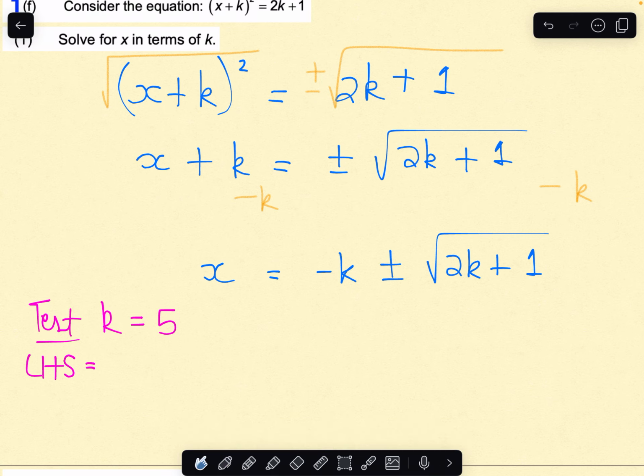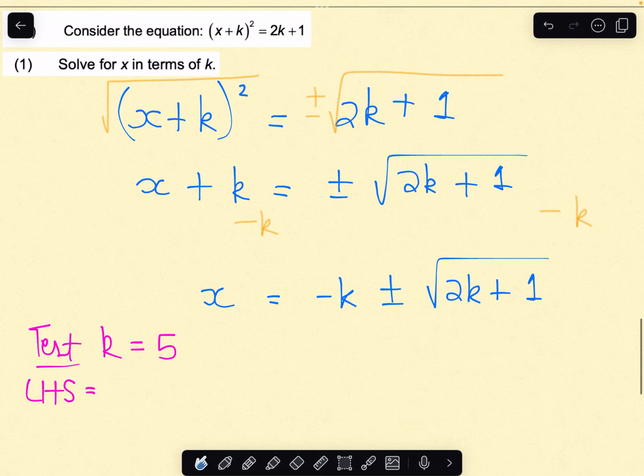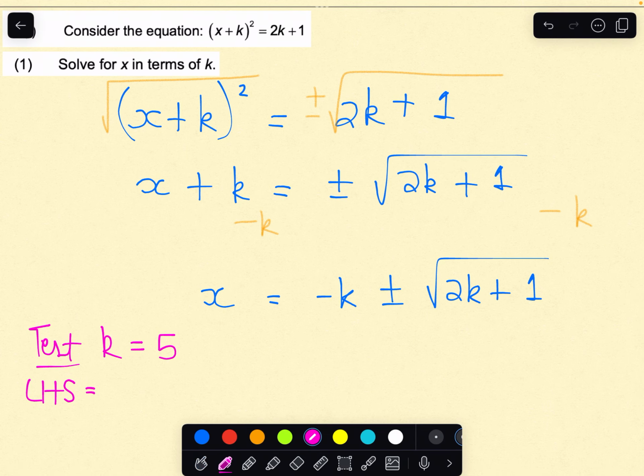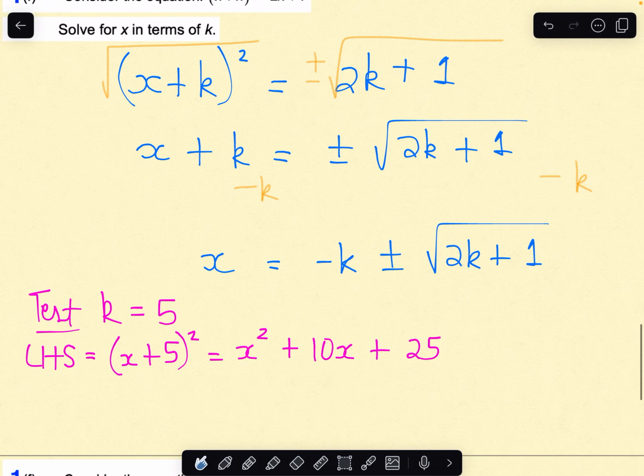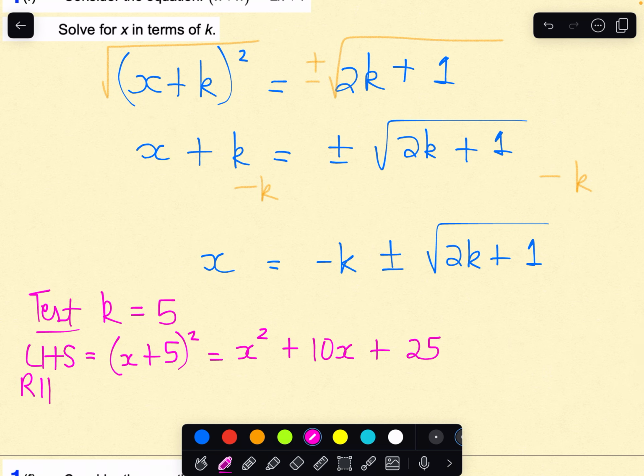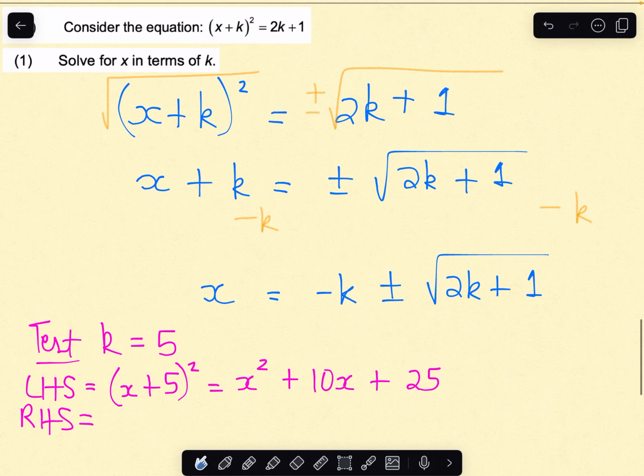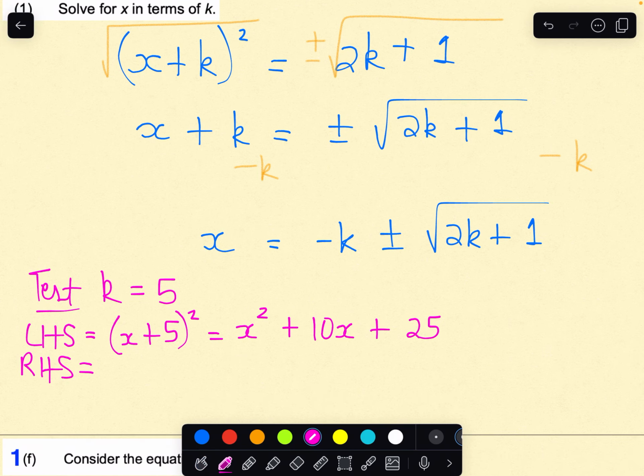Looking at the original equation, the left hand side would be (x + 5)². For argument's sake, I'm going to expand this: 5x plus 5x is 10x, and 5 times 5 is 25. Then the right hand side is 2k + 1, which is 11.